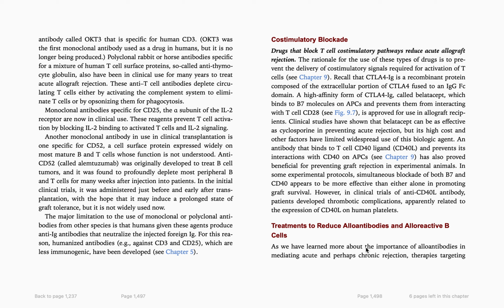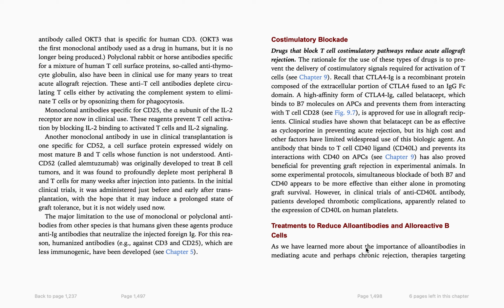A high-affinity form of CTLA-4 Ig called belatacept, which binds to B7 molecules on antigen-presenting cells and prevents them from interacting with T cell CD28, is approved for use in allograft recipients.